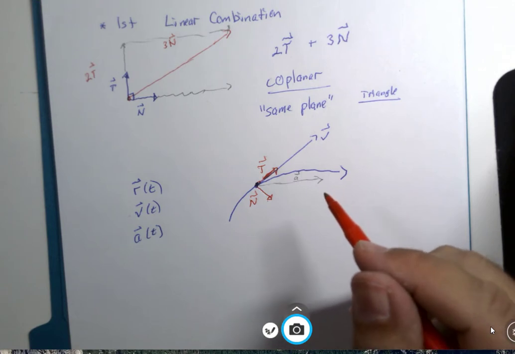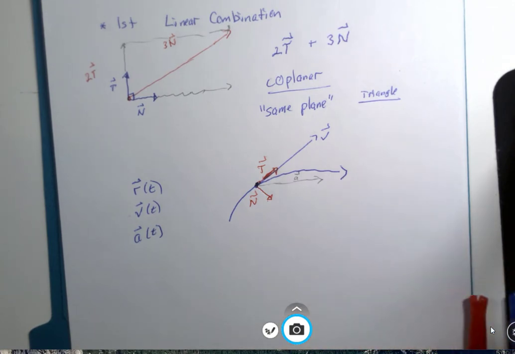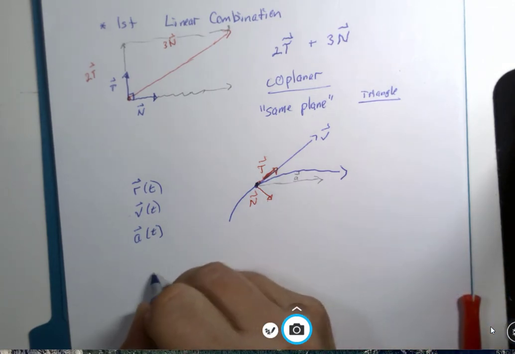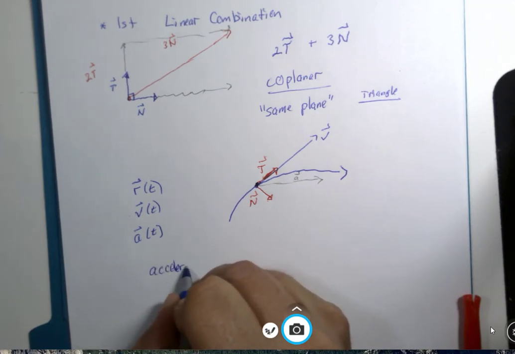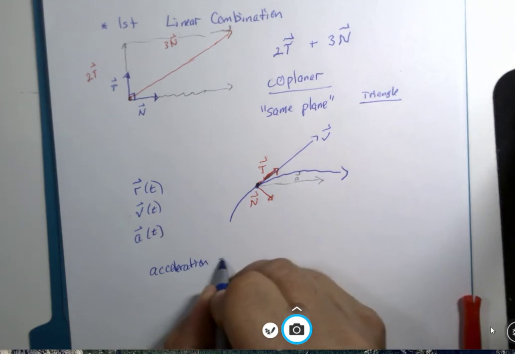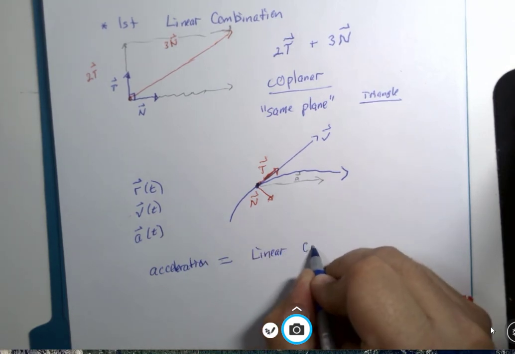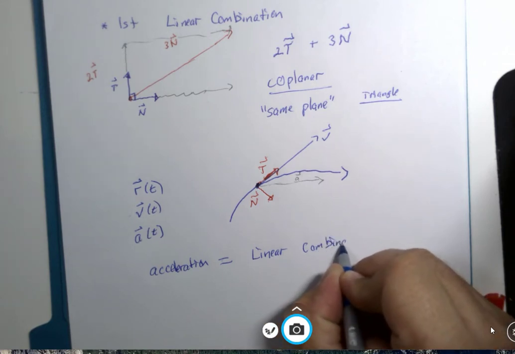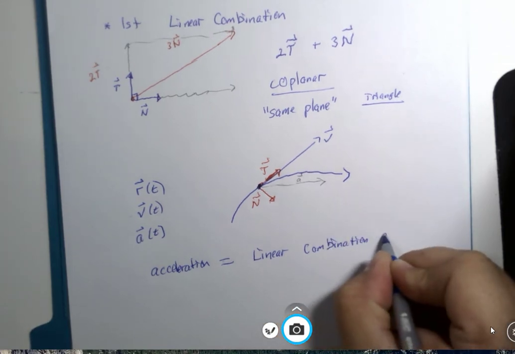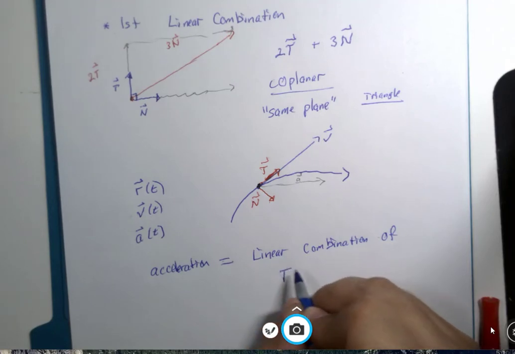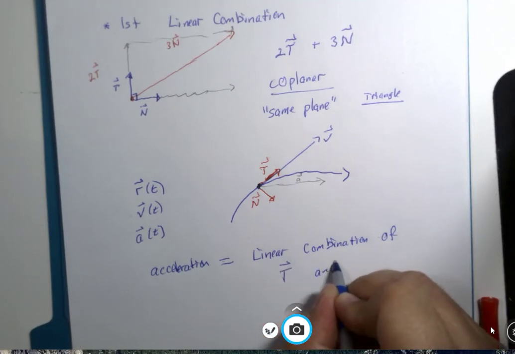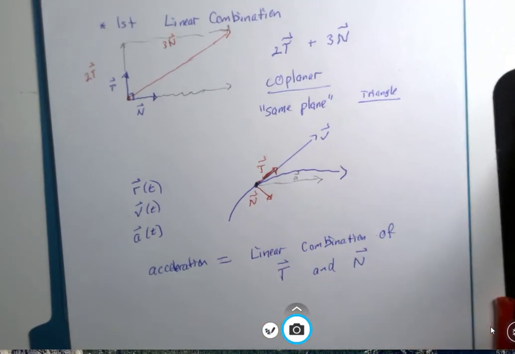But what we're going to be able to prove is the following statement, that acceleration is a linear combination of tangent and normal vector.